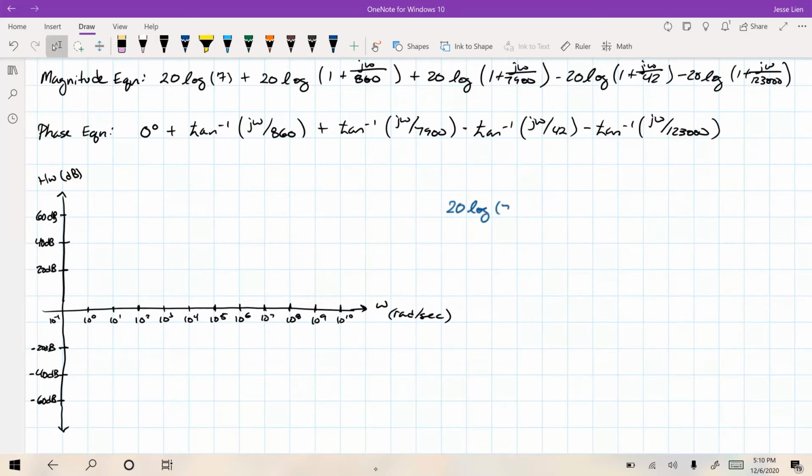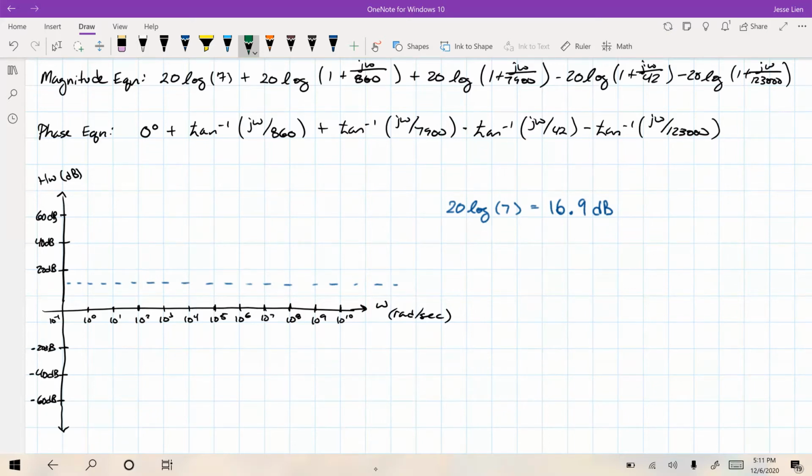This will be in blue. 20 log base 10 of 7 is 16.9, so you can represent it on the plot as a straight line across at that value throughout. You can then plot 20 log base 10 of 1 plus j omega over 860. This will be done in green.